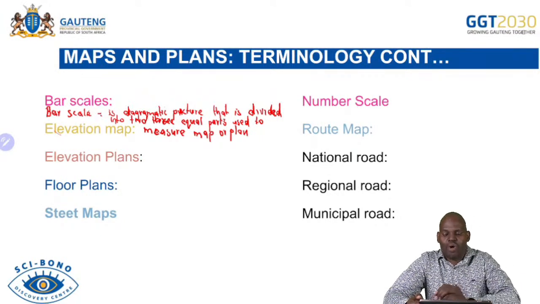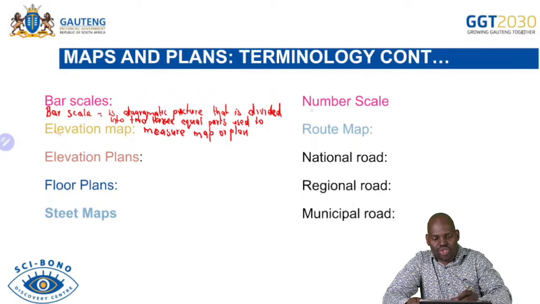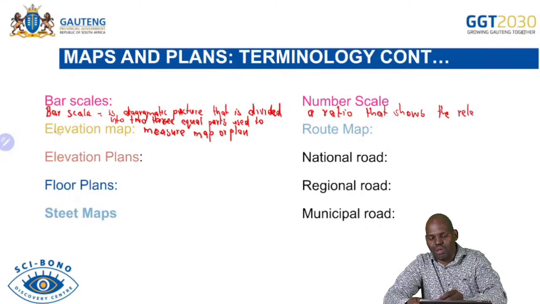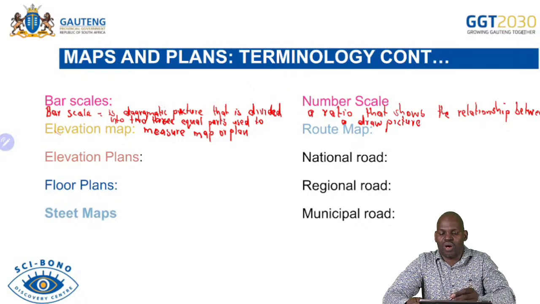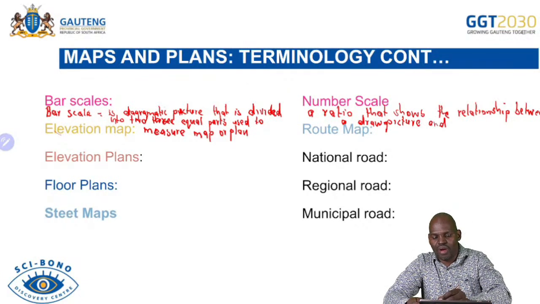And then what about number scale? A number scale is a ratio that shows the relationship between a drawn picture and a real diagram.